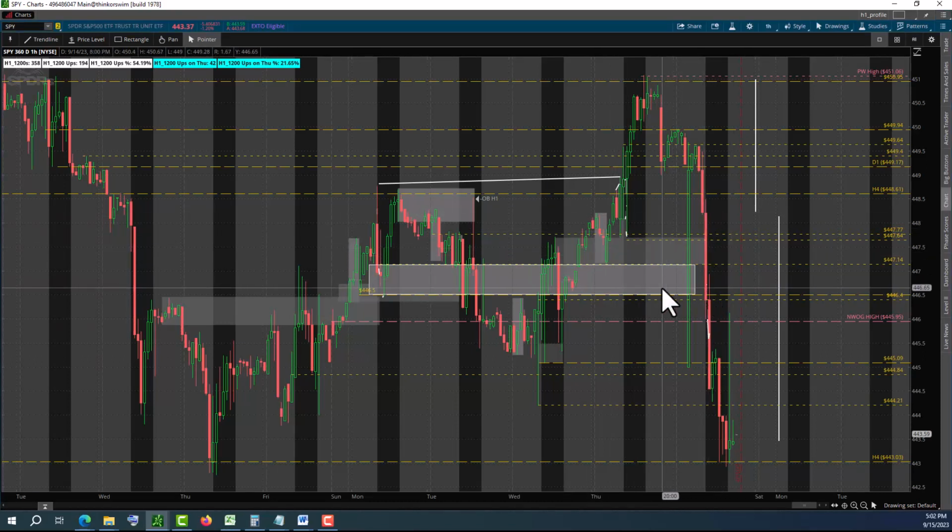Okay, no, this is the support level. Okay, this level is a magnet level, or a raid level. Yeah, hold on. No, right here, this level right here.